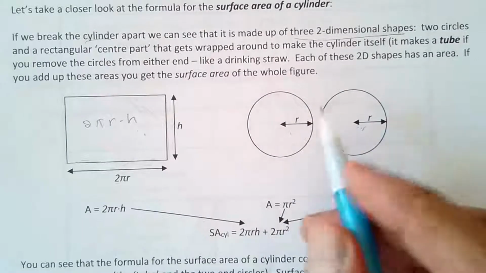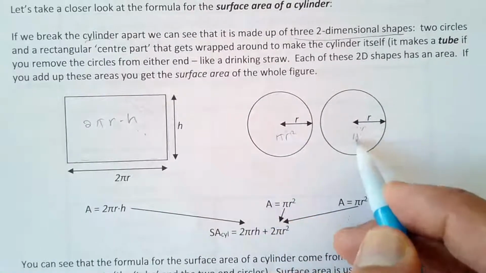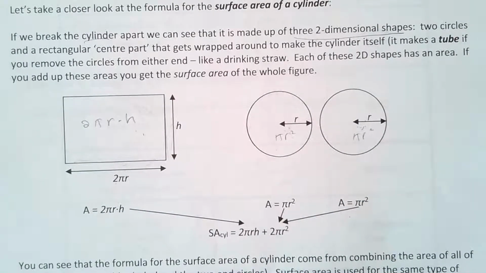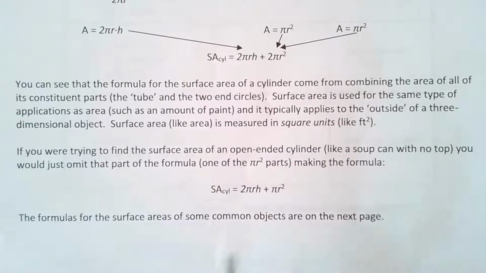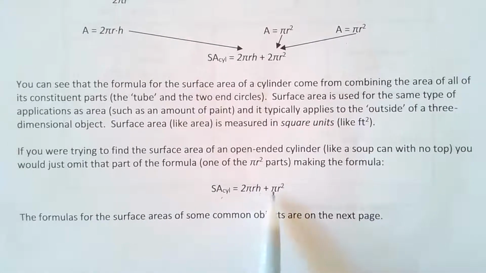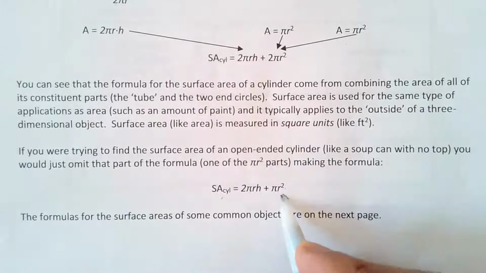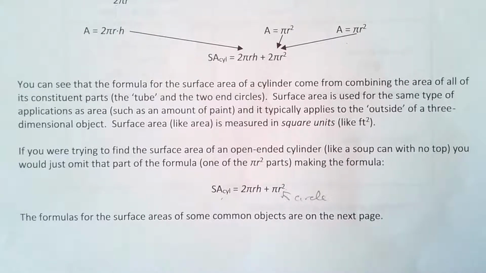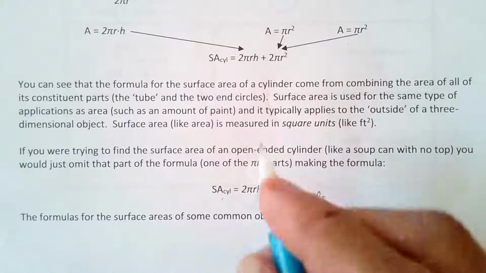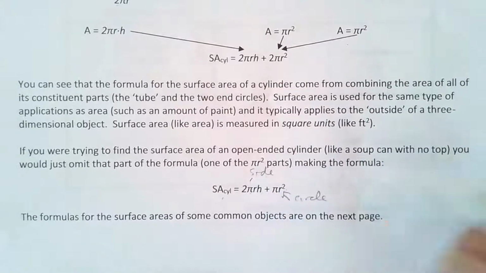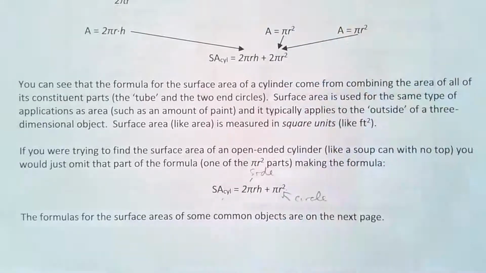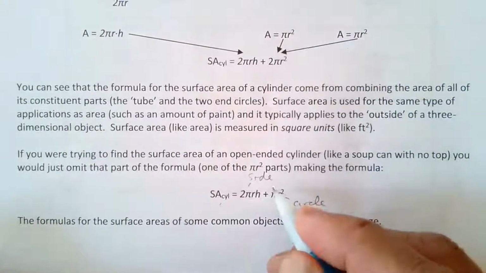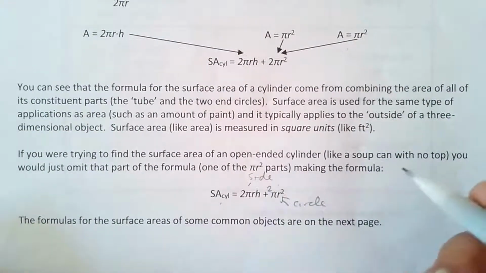And the circle is pi r squared. We'll know the radius, we'll find the height. So to conclude, the surface area of a cylinder is 2 pi r h plus 2 pi r squared. This is your circle. This is your side. Because any cylinder has a top and the bottom, you put 2 here.